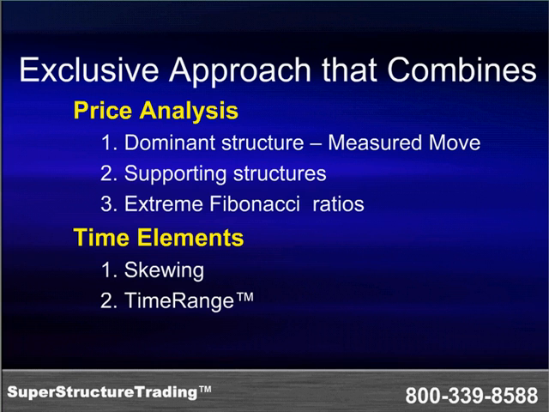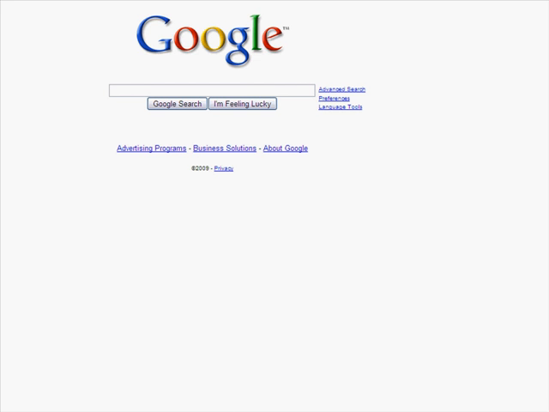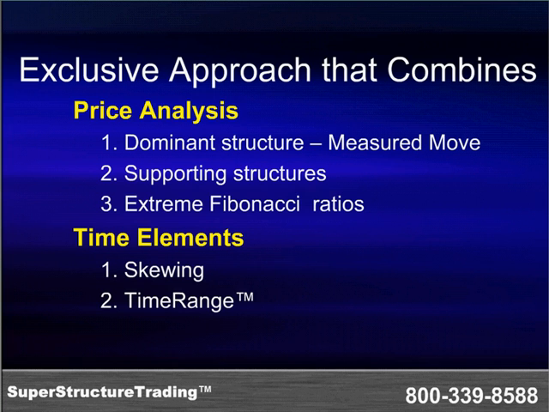Another important thing that you want is some sort of time element, something to do with time. From the alignment of price and time, we will have a good idea as to how strong the trend is. Again, we want to look for some tools. We have two simple tools here. One is called the skewing, and the other one is called the time range.